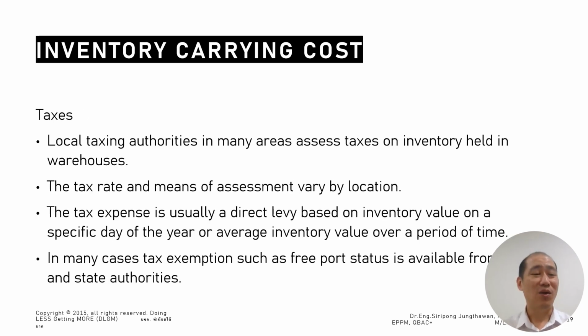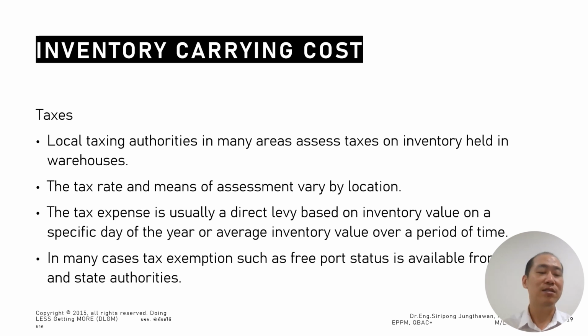Tax. Local tax in Thailand, we have to pay something like 7%, or based on the regulations, so you have to check before you decide on the finished goods, and then when you keep it you have to pay the tax sometimes. In many areas, assets taxes on inventory held in a warehouse, and the tax rate and means of assessment vary by location.